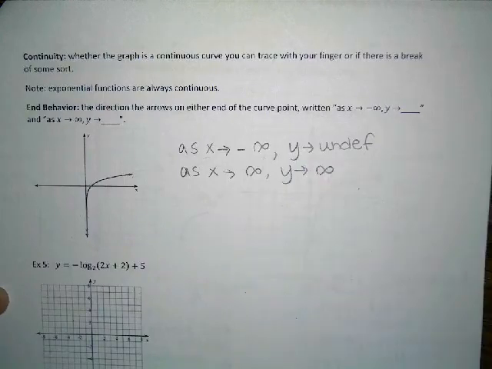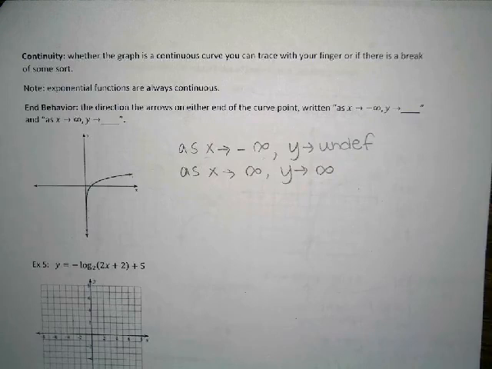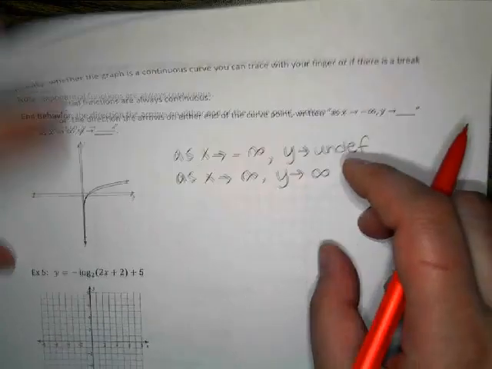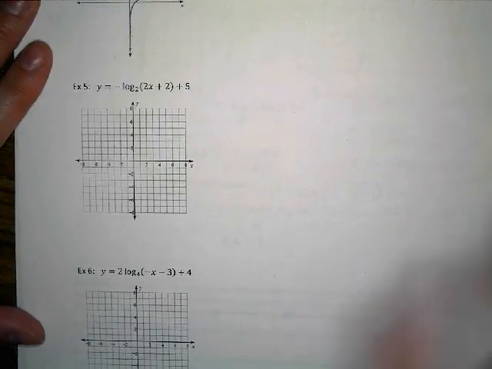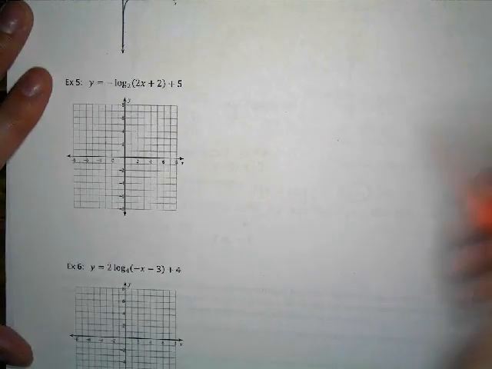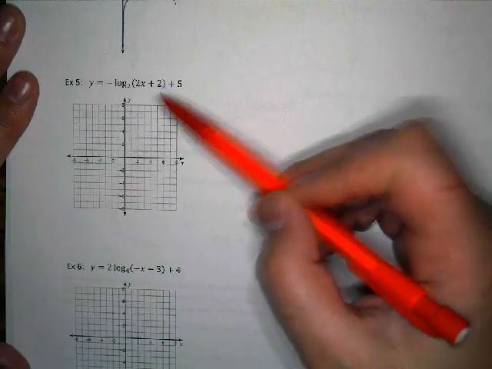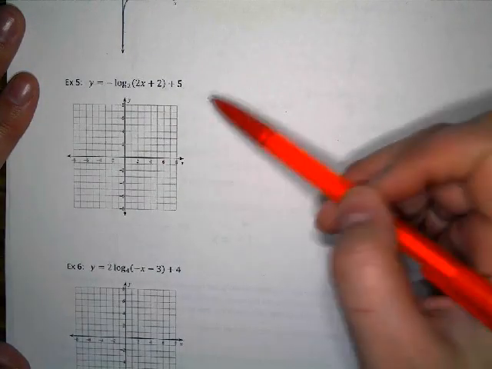Okay, so let's try graphing a couple of these just to make sure we're confident with this. So I'm going to find the transformations. I'm going to find the vertical asymptote. What do I need to do before I find the transformations? I need to factor the inside of the function to make sure I'm going to get it right.